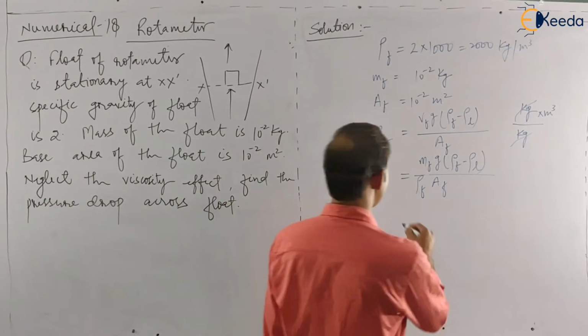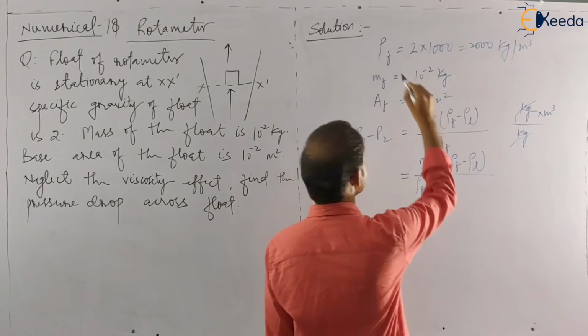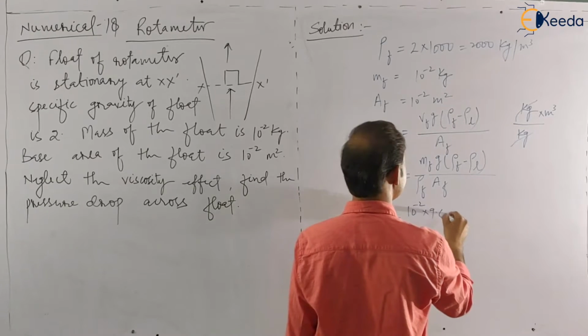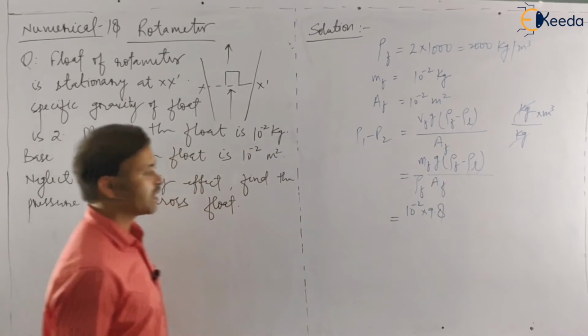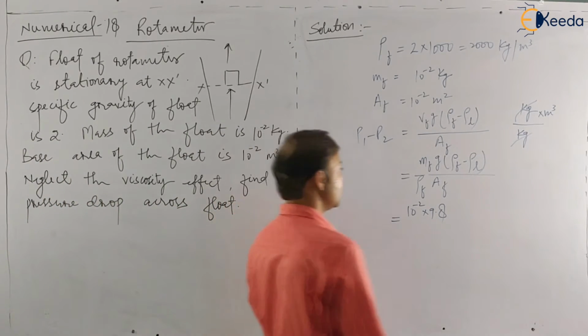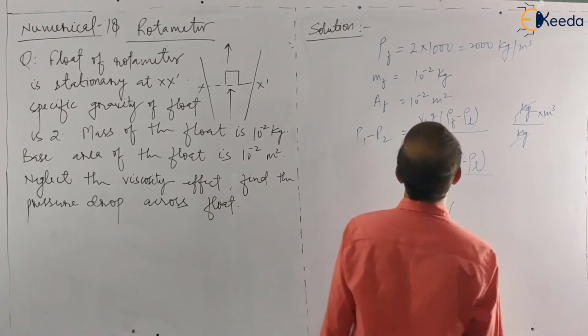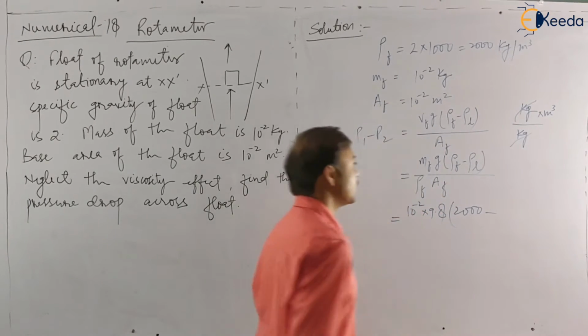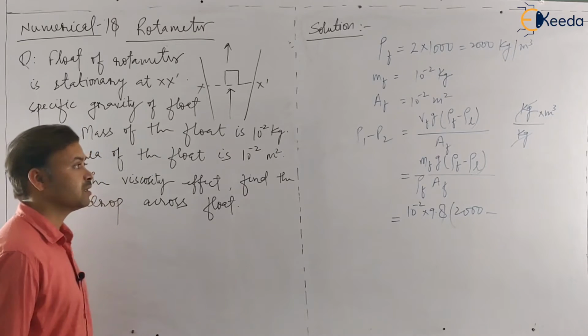So the pressure drop will be equal to mf, which is given as 10 to the power minus 2, g is 9.8 meter per second square, rho f, the density of the float, 2000, minus rho l, the density of the liquid.